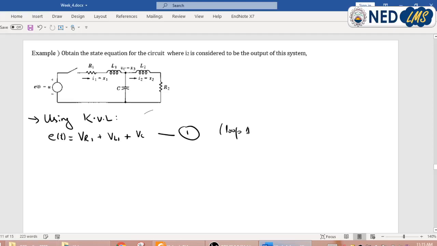Loop 1. Similarly, at loop 2, I can write that VC equals VL2 and VR2. This is L2. This is my equation 2, this is my loop 2.